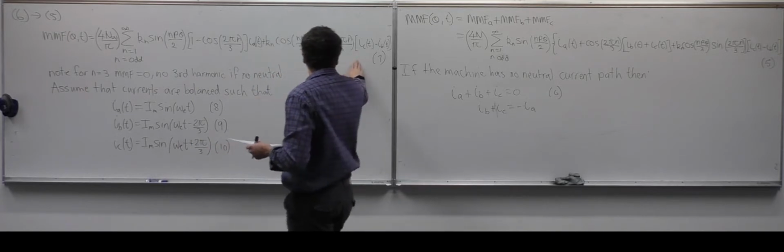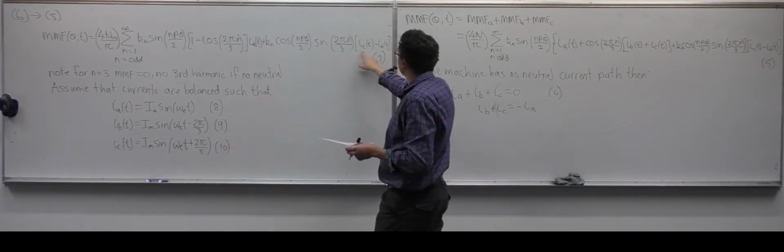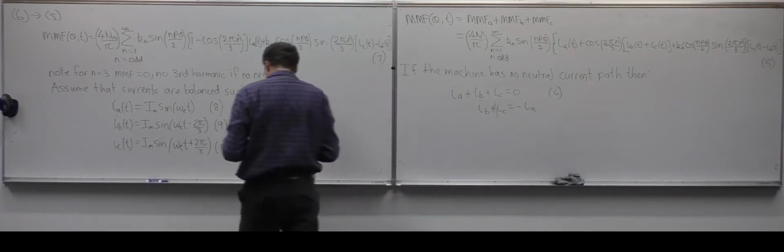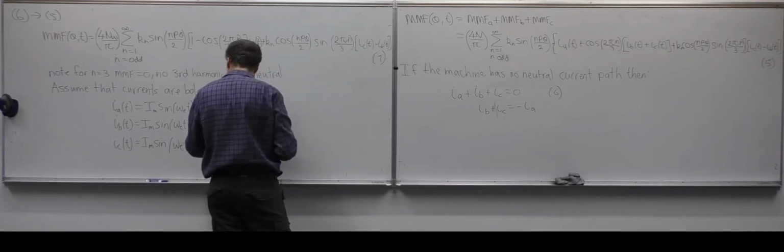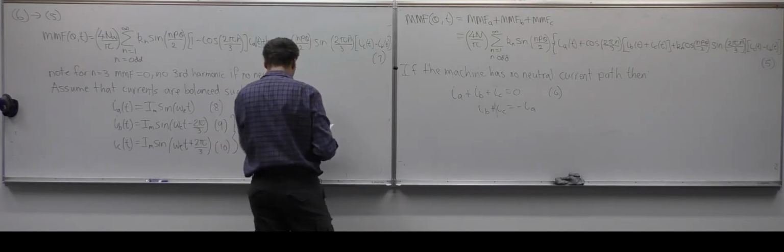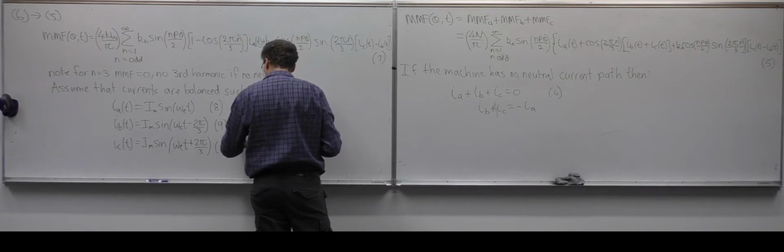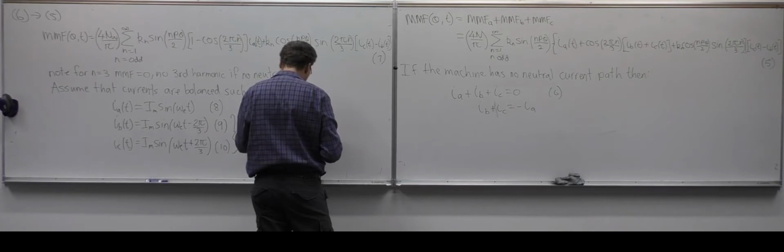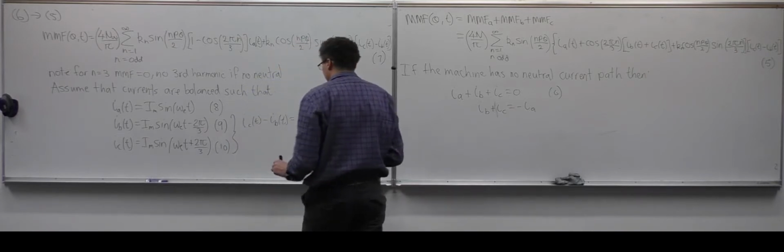Okay, so we can then substitute these into 7. Before we do that, note that we have IC minus IB. What's that going to be equal to?